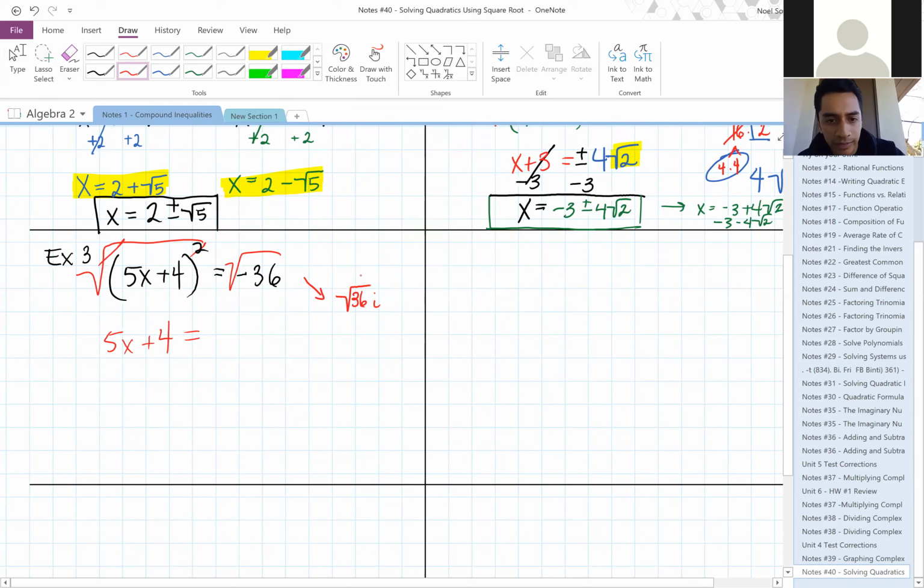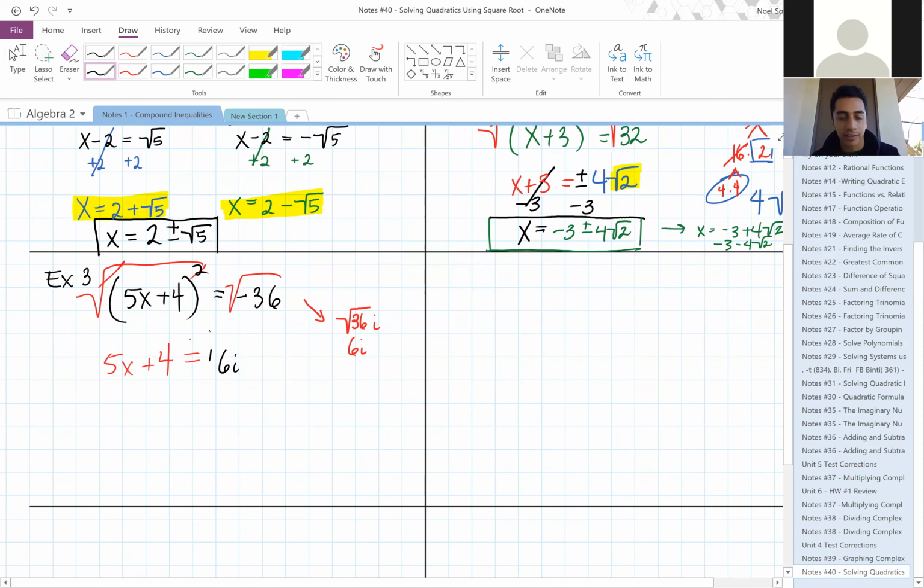Now, the square root of 36 is just 6, so it's just 6i, okay? But here's where you have to be really careful not to forget the plus or minus, all right? Because if you only brought down 6i, you would only eventually end up with one solution, which is not what you want. You want 2. So make sure you bring down plus or minus 6i, okay?